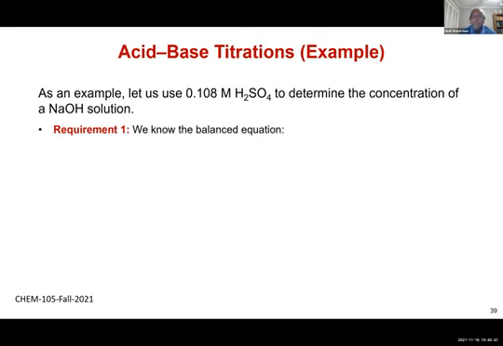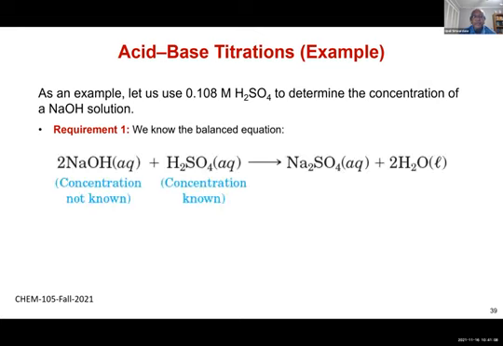At the equivalence point, we can calculate the number of milliliters of sodium hydroxide solution, and we can calculate the molarity of the sodium hydroxide solution.